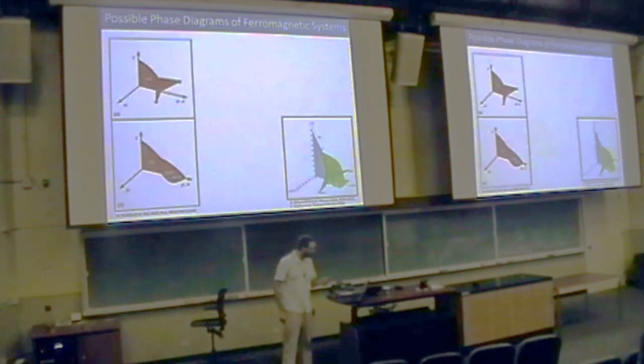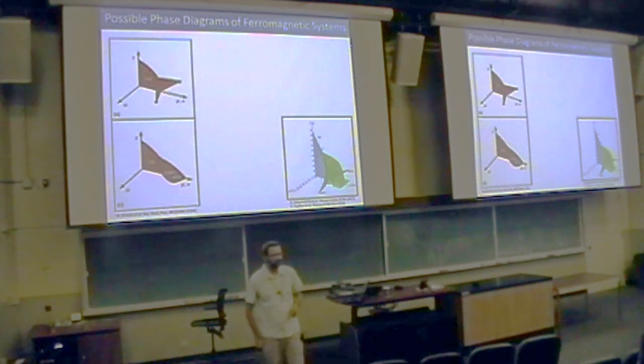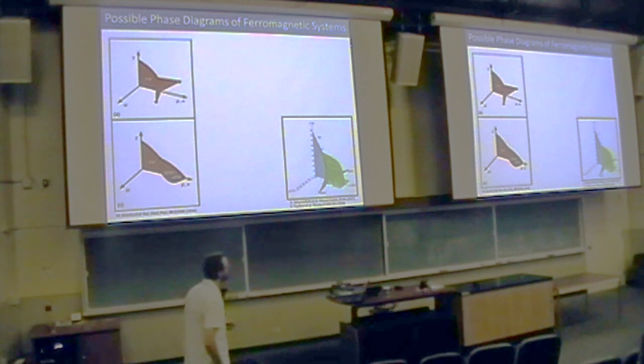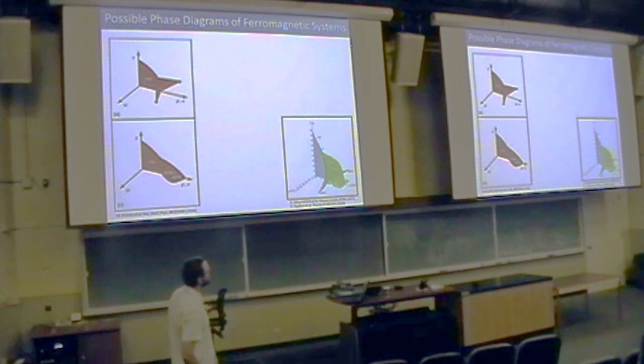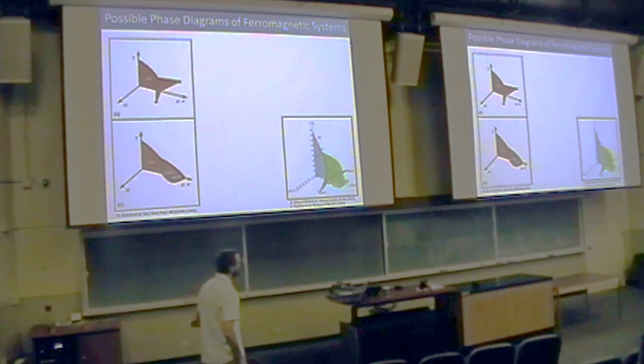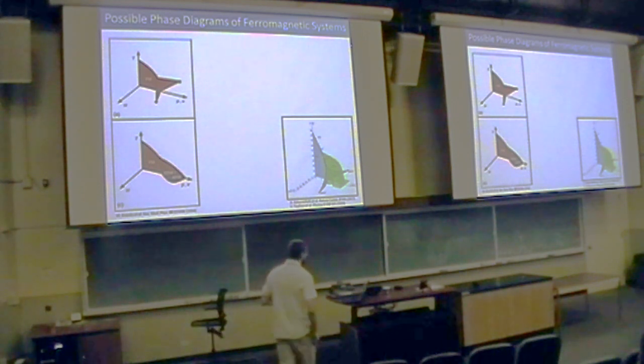So, to summarize this, we find this third possibility here, which is a mixture of the wing structure and the new magnetic phase dome.